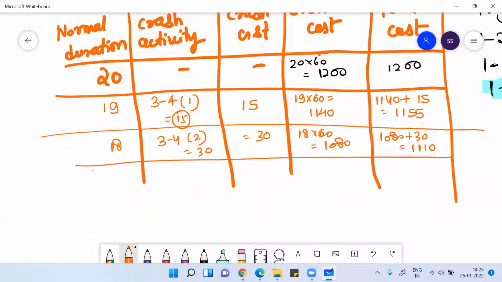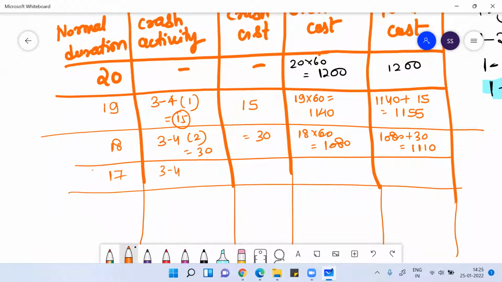Then again I can reduce it to 17 days. Then again 3 to 4 I can crash for 3 days, which will be 45 rupees. This is 17 into 60, that will be 1020. Then it is 1020 plus 45, that will be 1065.